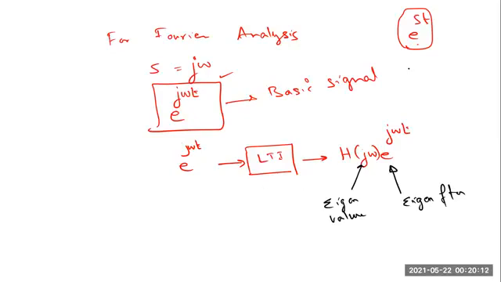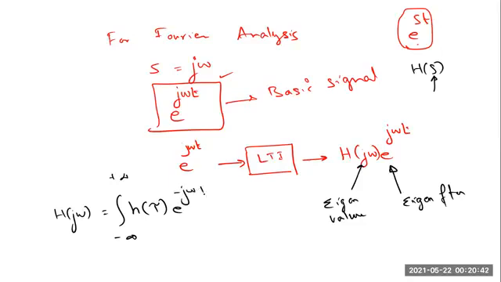We already derived the expression of H of s, and now the only thing we need to do is replace s by j omega. So if I want to calculate H of j omega, it will be equal to the integration from minus infinity to plus infinity of h of tau e raised to power minus j omega tau d tau.